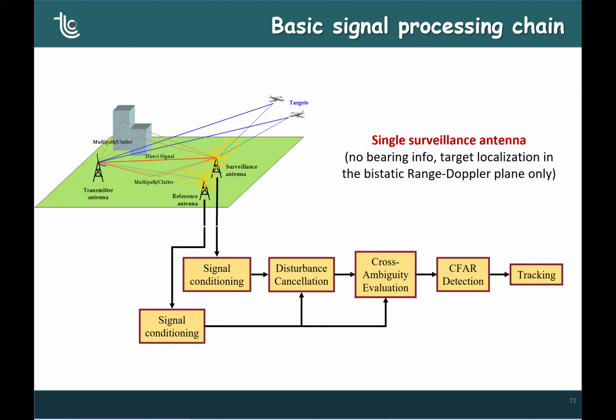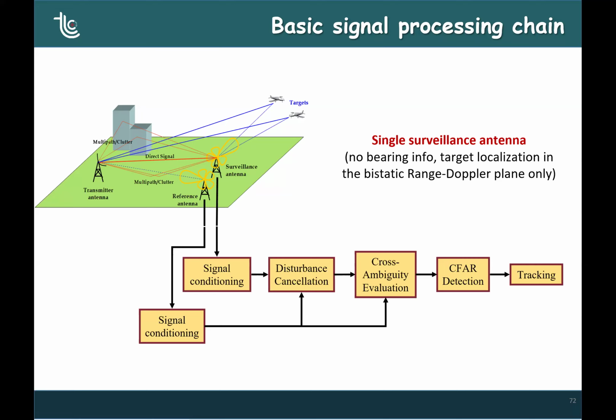But actually, we receive also the direct signal, the signal coming from the transmitter, that normally is quite strong, and it is much stronger than the echo backscattered by the targets. And then there is also the clutter that is always present in all the radar systems.